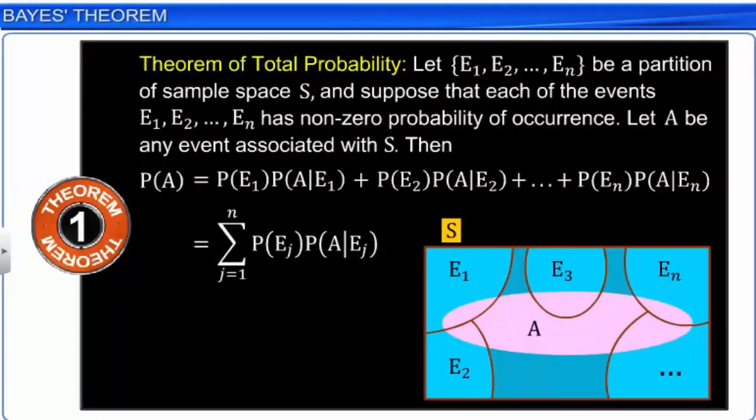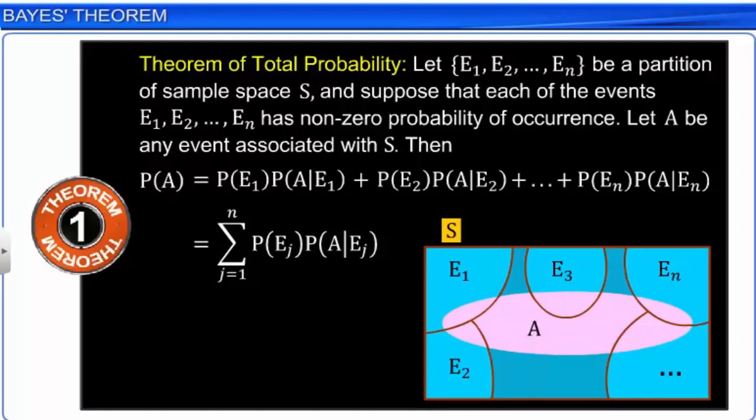Next, let's discuss the theorem of total probability, which is based on the partitions of a sample space. Let the set of events E1, E2 and so on till En be a partition of sample space S, and suppose that each of the events E1, E2 and so on till En has non-zero probability of occurrence.